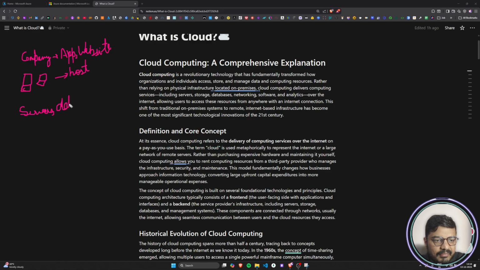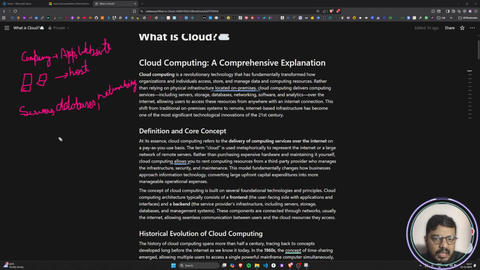To store the data that we will be producing, let's suppose through user interaction, logs, and different other ways, we will require databases. To make it secure, to prevent it from some kind of cyber security attack and all those things, we will require some kind of networking, and all these stuffs.